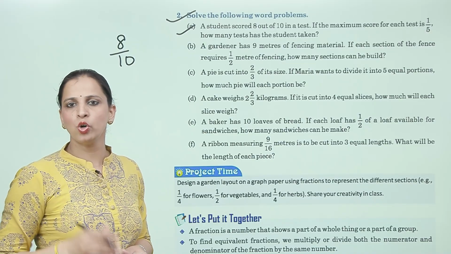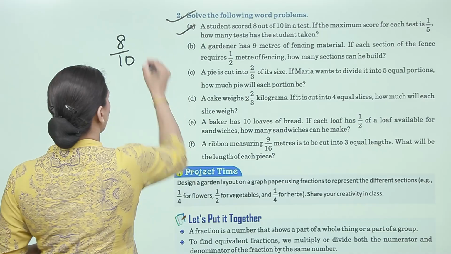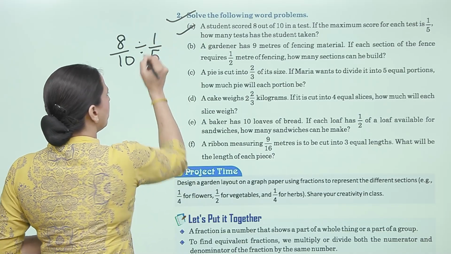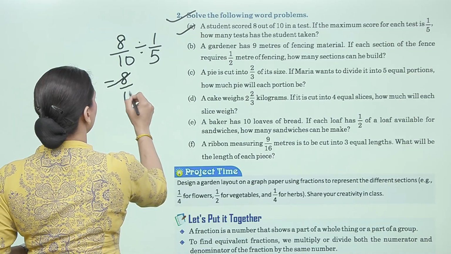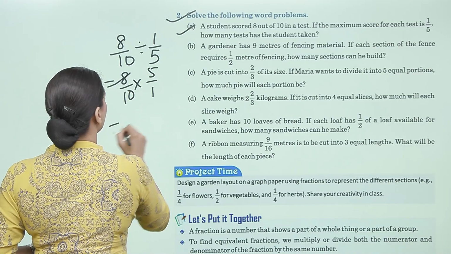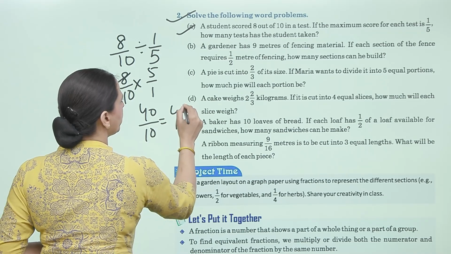And if the maximum score for each test is 1/5, how many tests? So you have to divide 8/10 by 1/5. That is equal to 8/10 multiplied by 5/1. That is 8 5s are 40/10. That is equal to 4 tests.